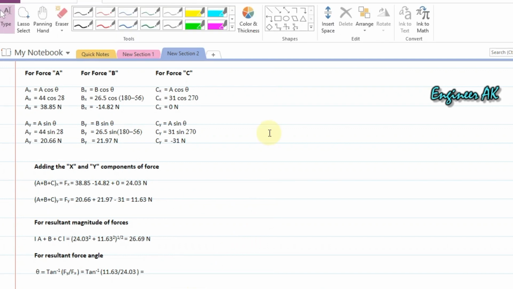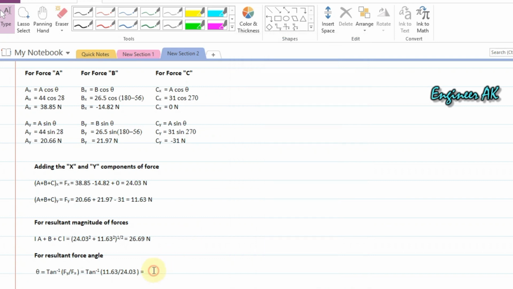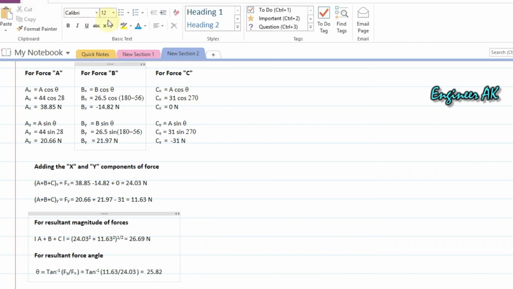So now plug these values into the calculator: tan inverse of 11.63 divided by 24.03. So we are getting 25.82 degrees.